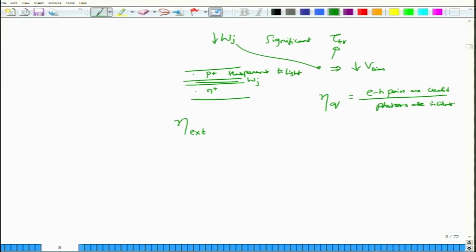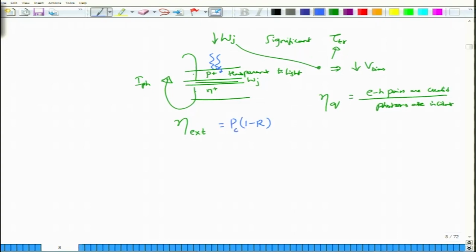But we know that it is not just creation of the electron hole pairs that is important, but these electron hole pairs have to traverse the junction to form the photocurrent. Okay. And the external quantum efficiency actually measures that. When you launch light or when you send light from the top, some portion of the light will actually get reflected away, and the remaining portion will be absorbed into the material, the first material.